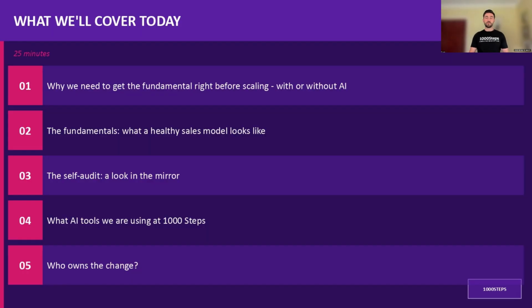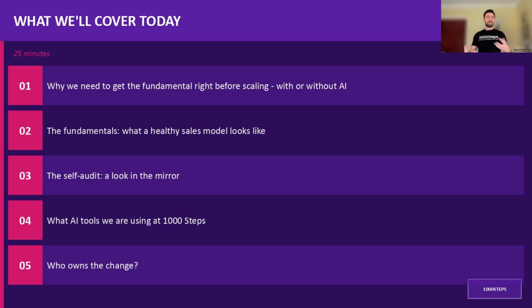What we're going to cover within this webinar is five main areas. One, why we need to get the fundamentals right before scaling, whether that's with or without AI. Two, what those fundamentals are, so what a healthy sales model looks like from the start of the process all the way through to the end, being revenue, and the different elements included within that.